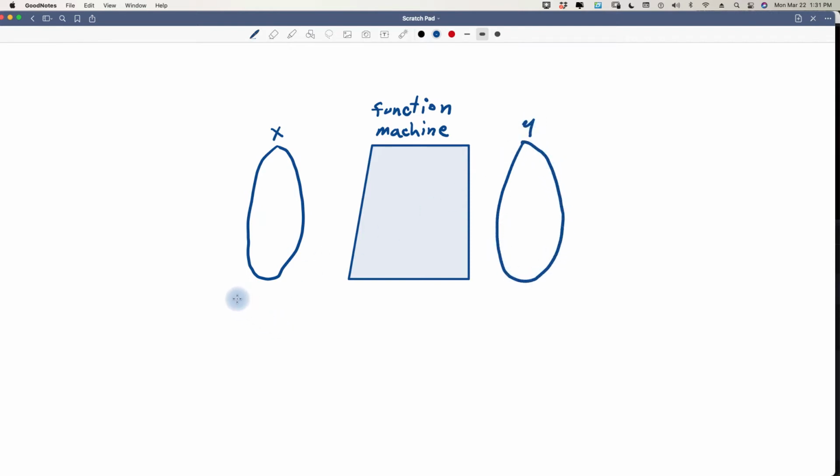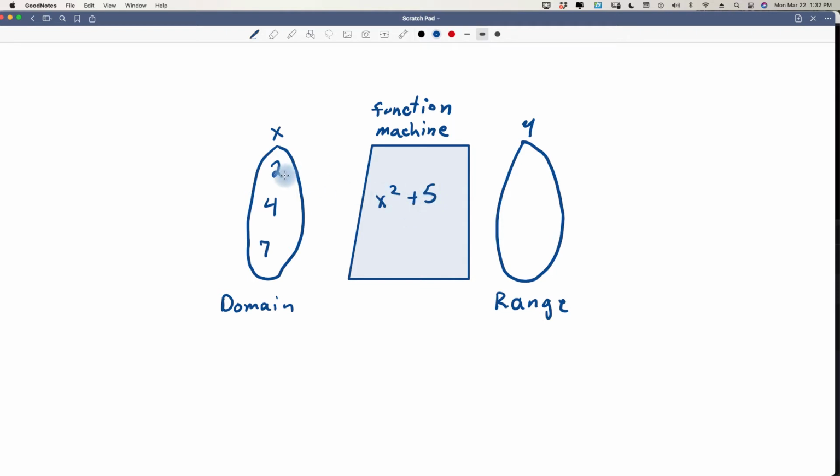It's just a box. Now, we know that our x values are the domain, and we know that our y values are called the range. Okay? So our domain in this function machine, we are given 2, 4, and 7, and our function is x squared plus 5.